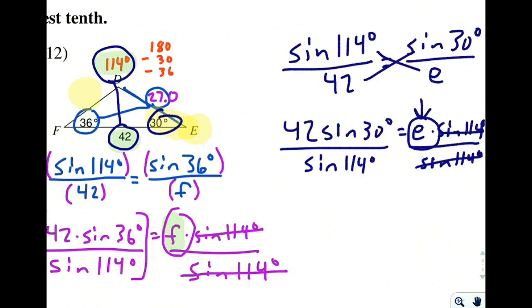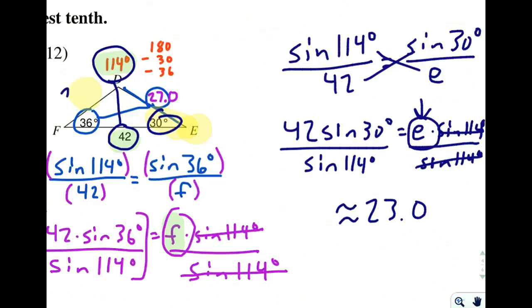So on the left side, we need to type that all into our calculators. So we do 42 sine 30, close our parenthesis, divided by sine of 114. And that will give us 22.987. We round that to the nearest tenth, and that's going to be about 23.0.